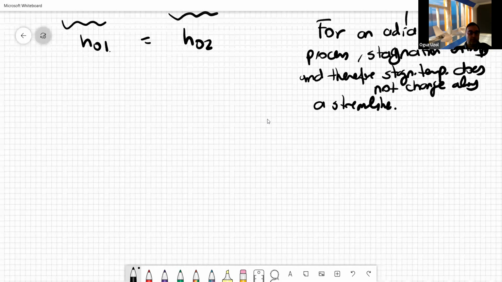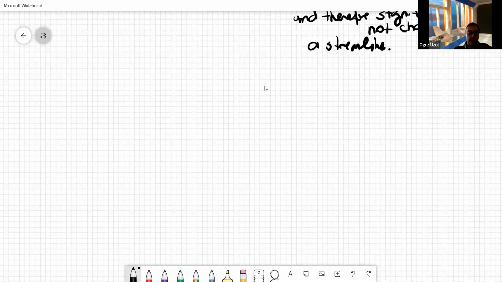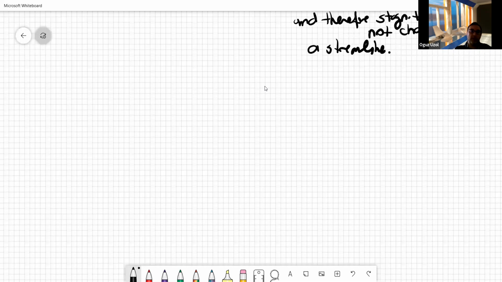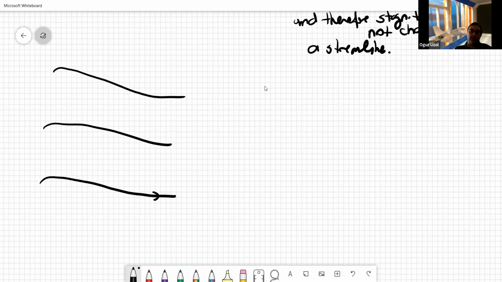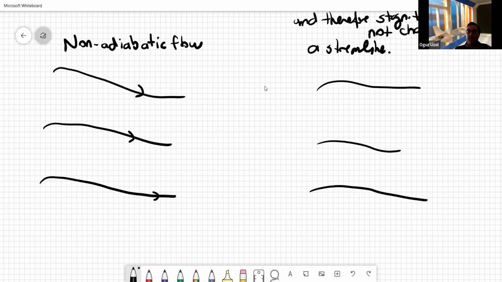A few final points that I would like to make. Let's say we have a bunch of streamlines. This is also a nice plot in Anderson's book, but anyway, I will discuss very fast, and I will repeat this point next week again. Let's say we have a non-adiabatic flow, and we also have the same streamlines in an adiabatic flow. So first, let's compare these.